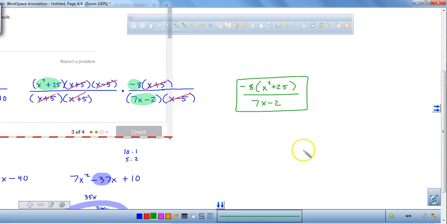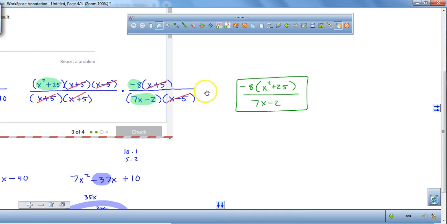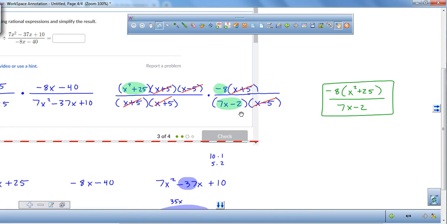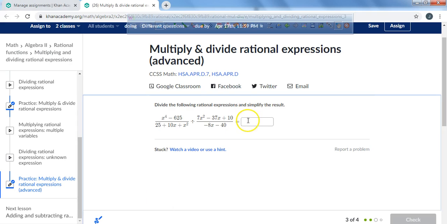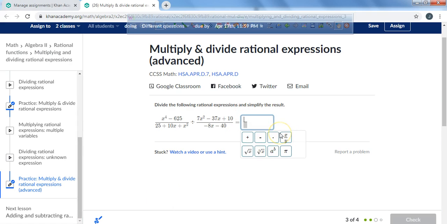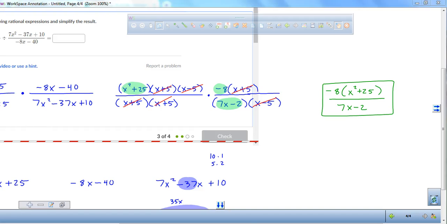Wow, that is one crazy answer. All right, so I'm going to go over here and type that in, and if I made a mistake, it'll let me know. Let's see what happens. Fraction negative 8 parentheses x squared.